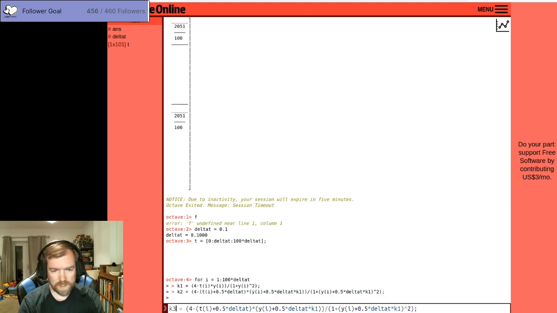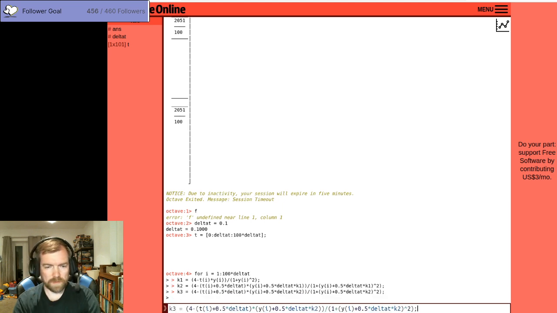k3 is going to be the exact same, except we're going to change all instances of k1 to k2. And then k4 is almost going to be the same, but here we're just going to add all of delta t into the t value, and delta t is going to be multiplied by k3, not a half.